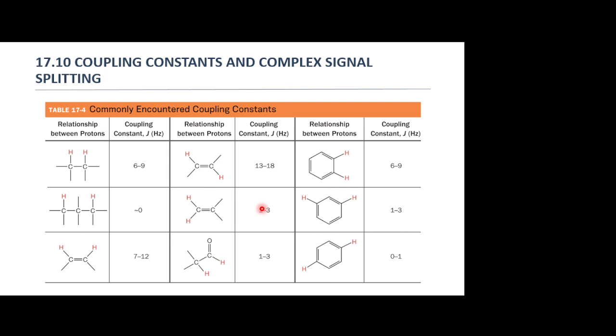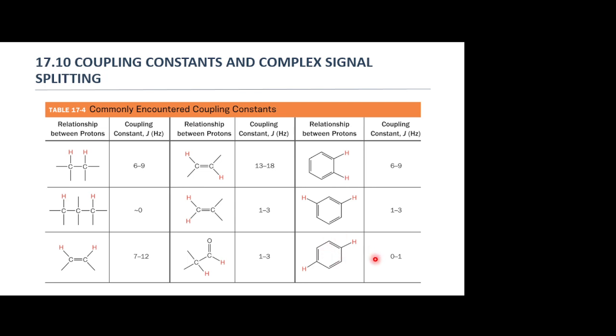You can still see it on a decent instrument, but if you don't have a particularly new instrument, or if you don't have a good quality instrument from back in the day, you may still not even see these geminal ones. This right here is off the carbonyl, and again, that's very small range. This is off of the other side of an aromatic, and notice that if you have a good enough instrument, you can actually see the coupling from across the aromatic.